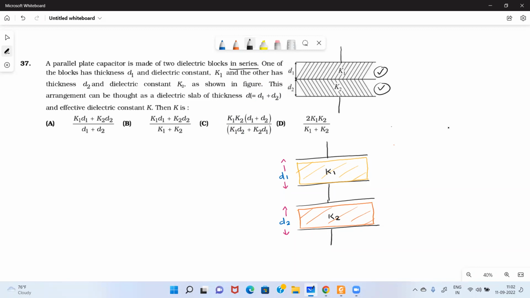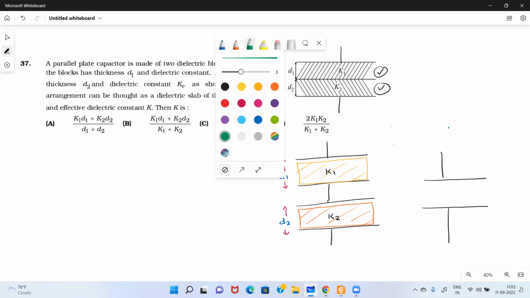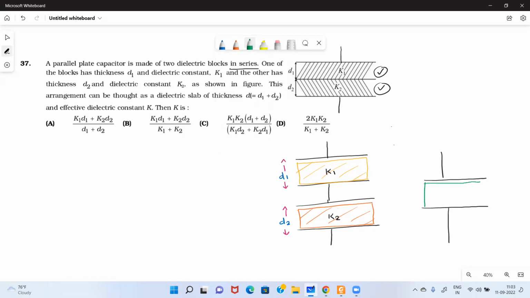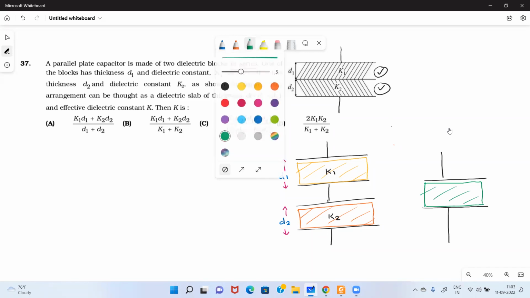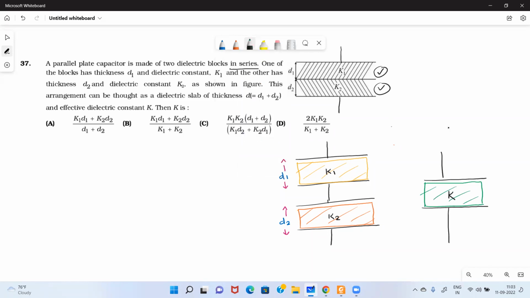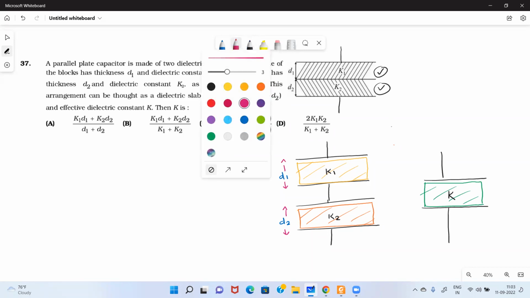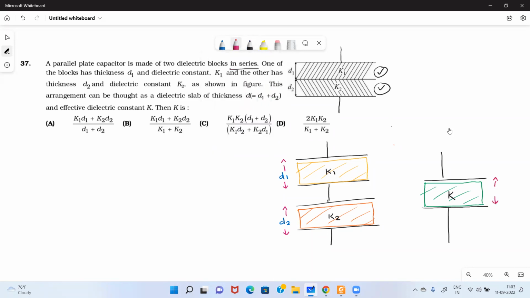Now, the question is, if I have to convert this into one capacitor having a dielectric constant K, and let's say the distance is D, then what will K be equal to? That's the question.